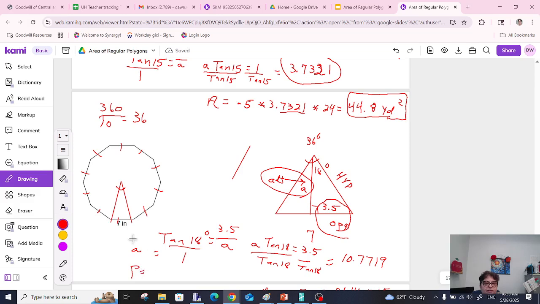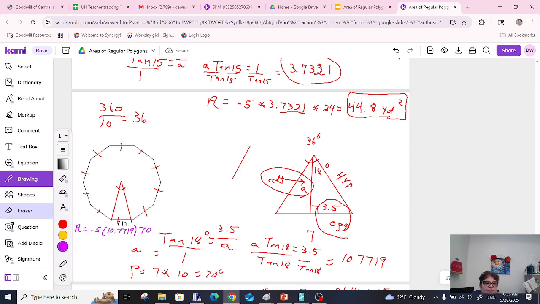Perimeter is the length times the number of sides, which is 70. And now I have all the information to find the area. Area is equal to 0.5 times 10.7719 times 70.